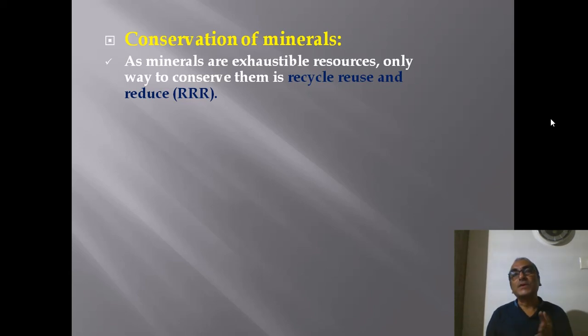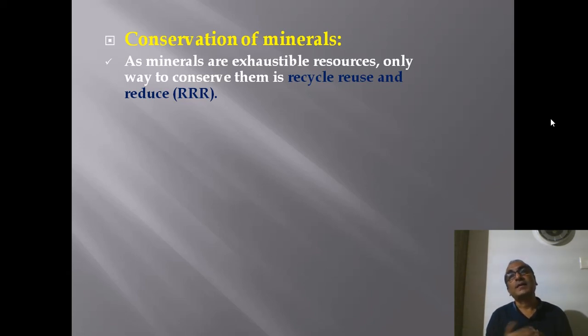We have to reduce the use of those resources, reuse, don't throw them out, and then recycle the broken utensils or broken items made of that particular metal or mineral. These can be recycled. Once again, they can be melted, and new materials can be made out of that, so that we are reducing the pressure on mining.